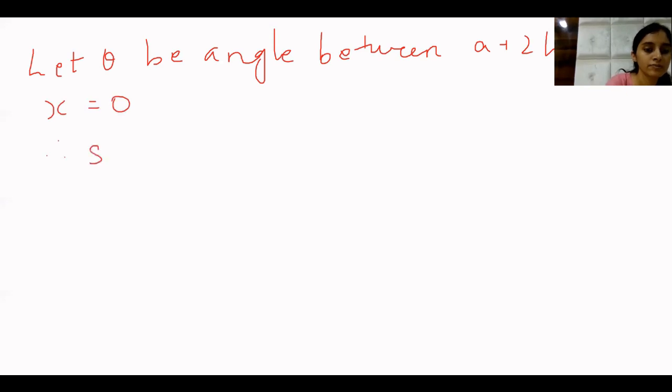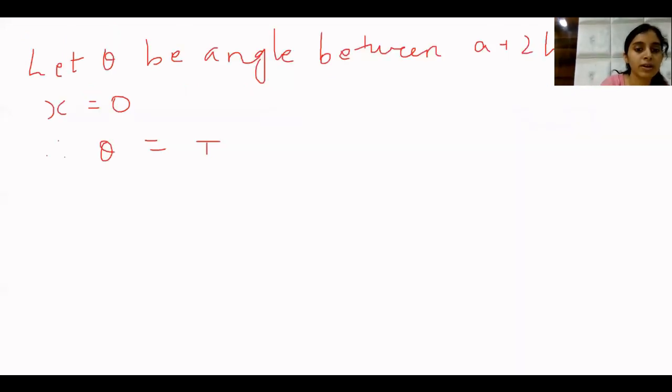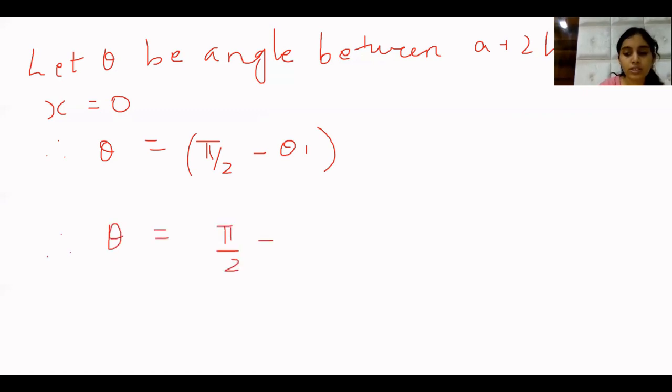Therefore, from the figure, how can you write down theta? Can it be written as 90 minus theta 1? Yes, so pi by 2 minus theta 1. Therefore, theta is equal to pi by 2 minus, what is the theta 1 value?